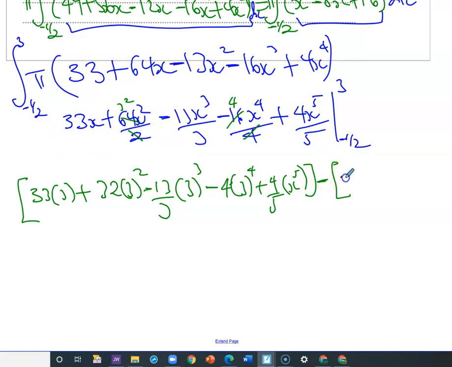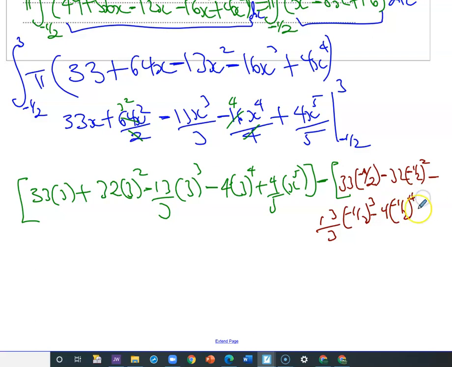We want to see that substitution being shown. And then the rest of the work will be for you to do on your calculator. So -1/2 squared, and then minus 13 over 3 times -1/2 cubed, minus 4 times -1/2 to the power 4, add your 4/5 finally times -1/2 to the power 5, and close your square bracket.